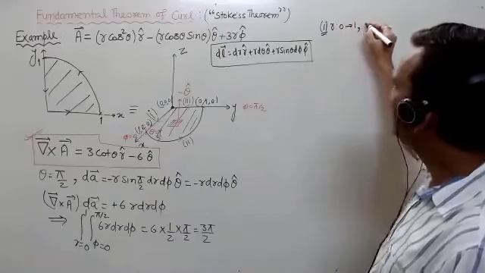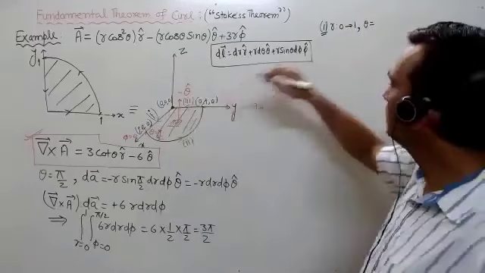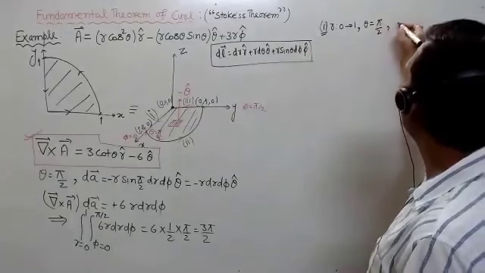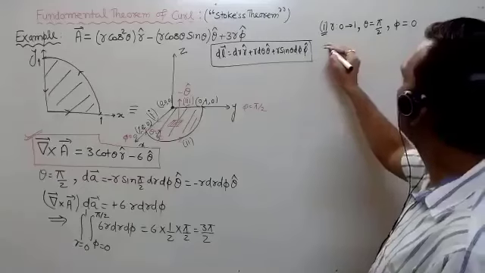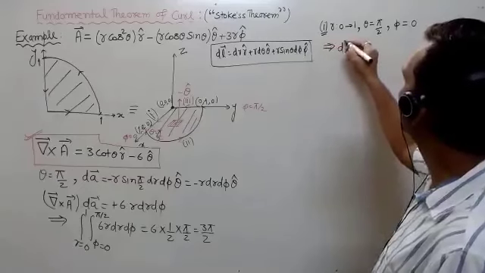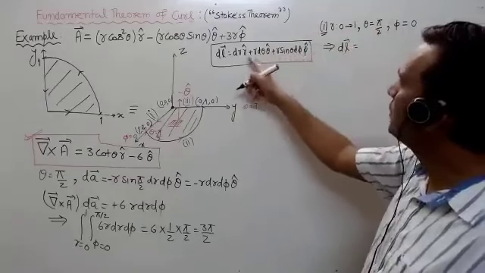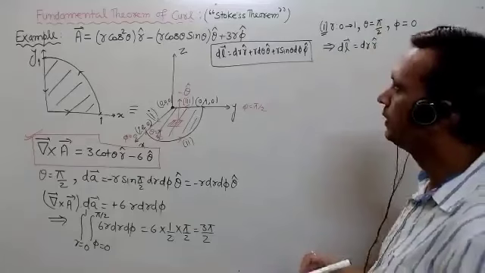What will be the value of theta? Pi by 2. What will be the value of phi? 0. So now, because theta and phi are fixed, the other terms will be 0. dl is simply dr r cap.